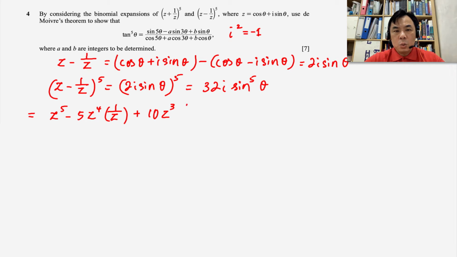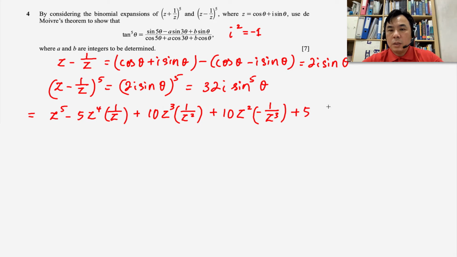This is a square, so z squared here. And then after that I'm going to continue on with another 10 here, z^2. This one will be 1 over z^3. And then finally I have my, the second last term, I will have a z^4 here instead. And then finally my negative 1 over z^5.